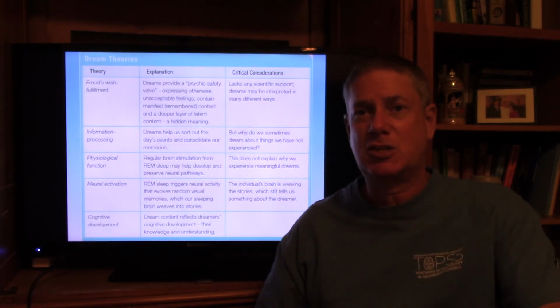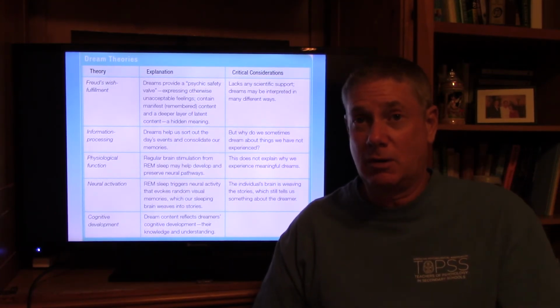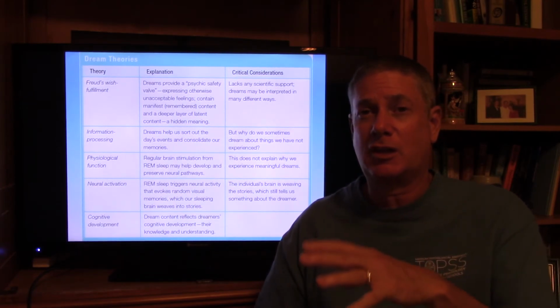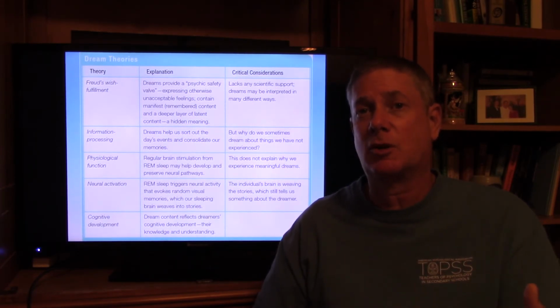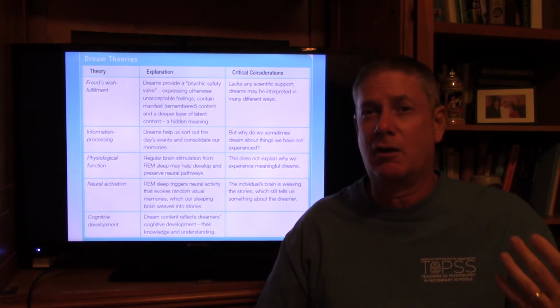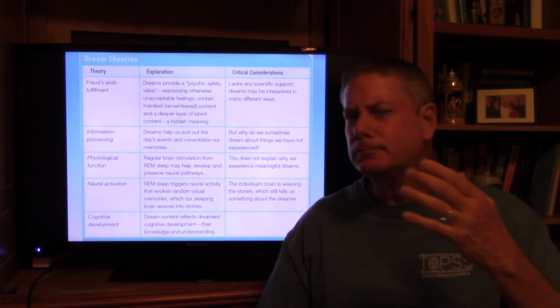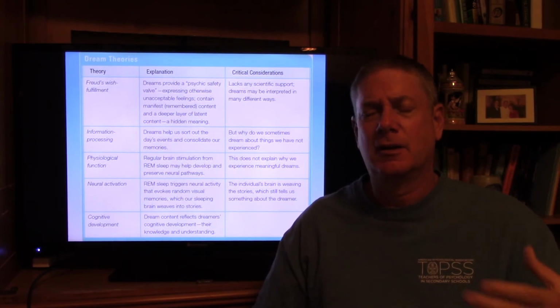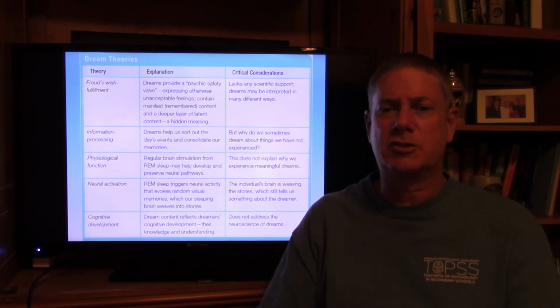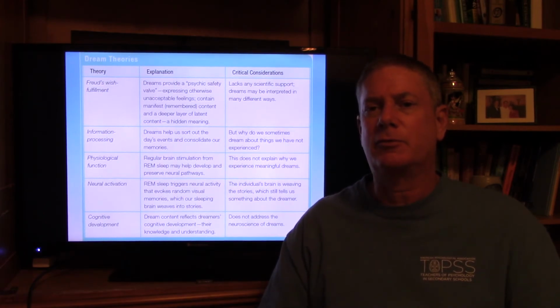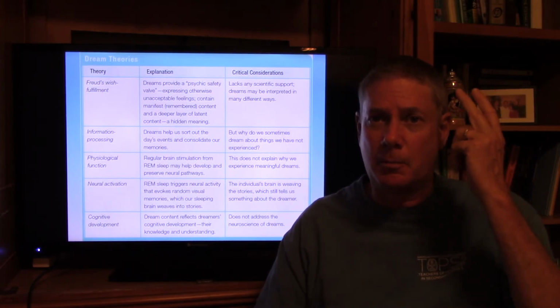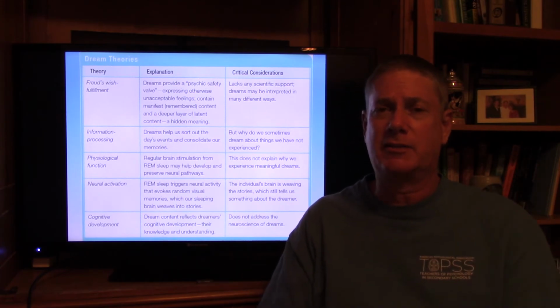So if the dreams change, because we can relate it to cognitive development, and we look at the cognitive development making a leap to some degree in Piaget's theory of intellectual development, which we'll talk about in Unit 9, then it makes sense. Of course, critical consideration says it doesn't really say anything about the brain's neural activation.